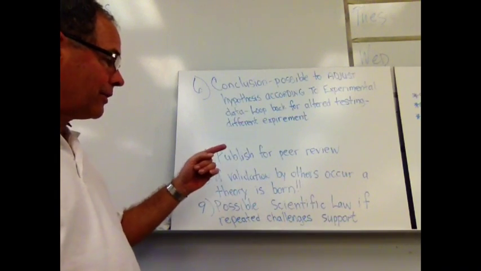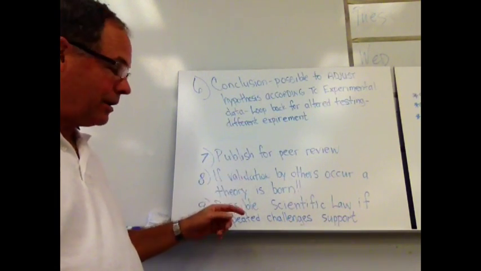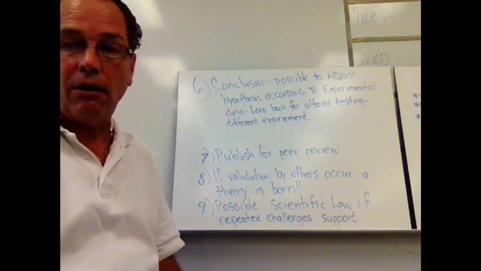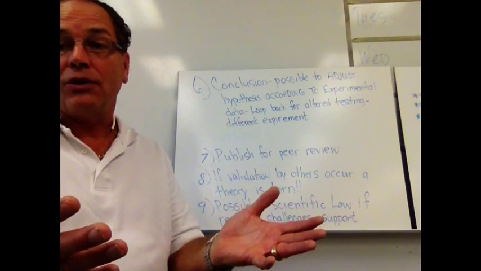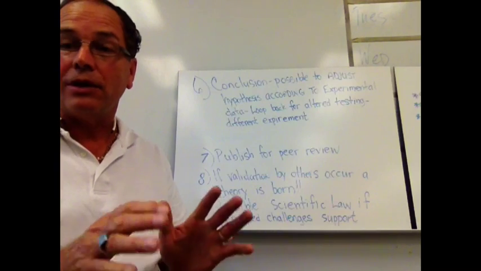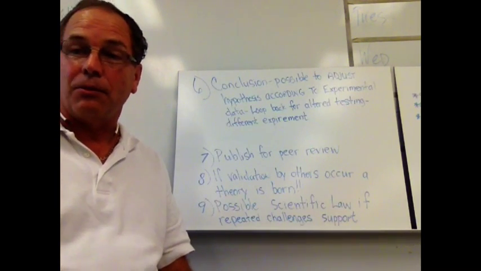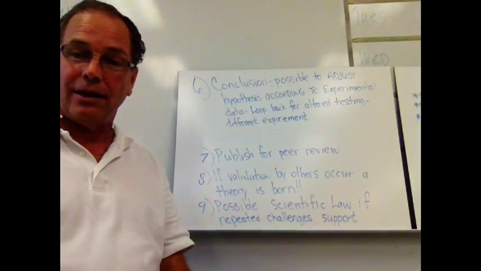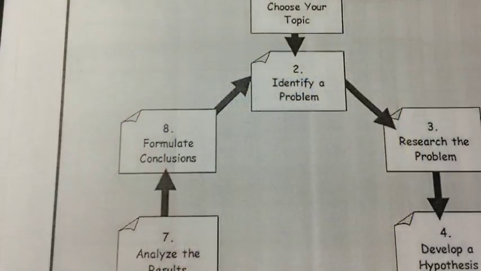And after it becomes widely accepted, you then can move into what is known as a scientific law. Woo! And perhaps you could name it after yourself. You could give it your name, and then it's in perpetuity for your grandchildren to see and say, well, that was my grandpa that did that. What fun.